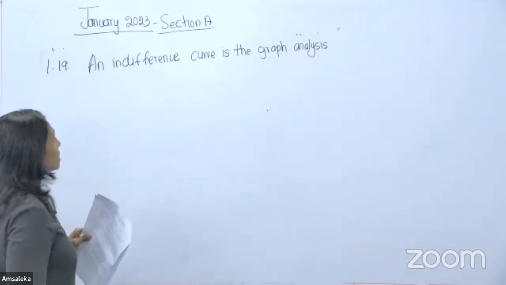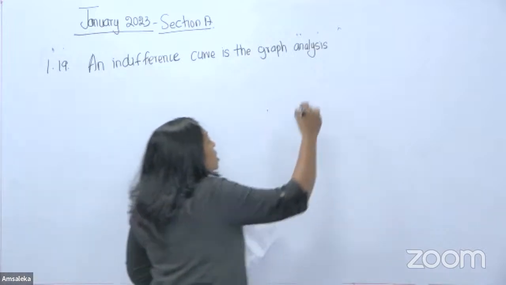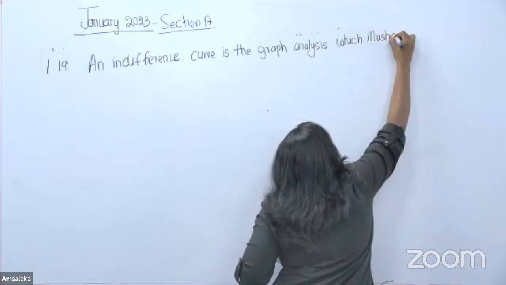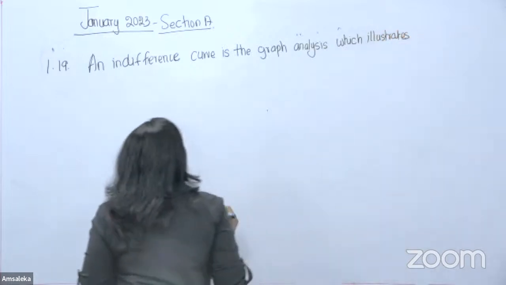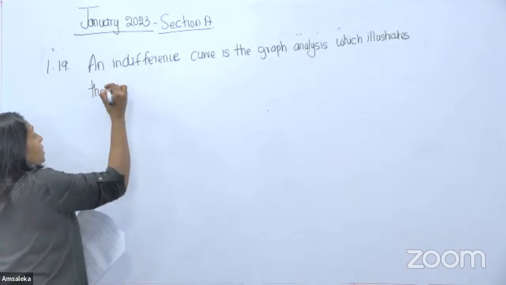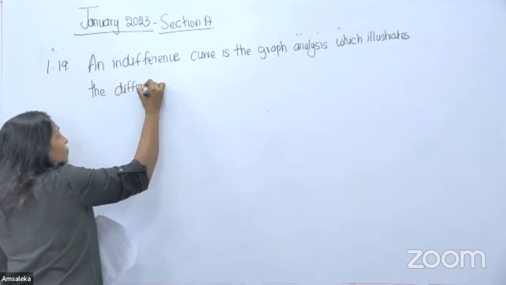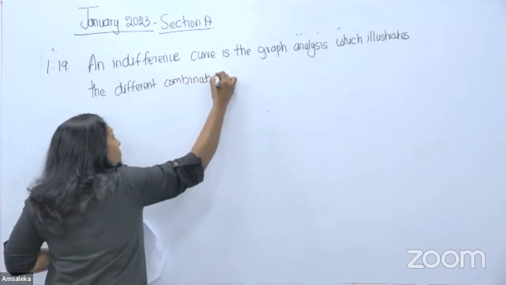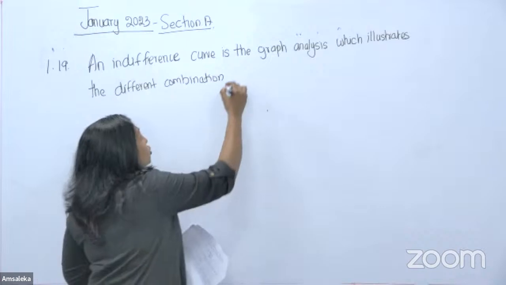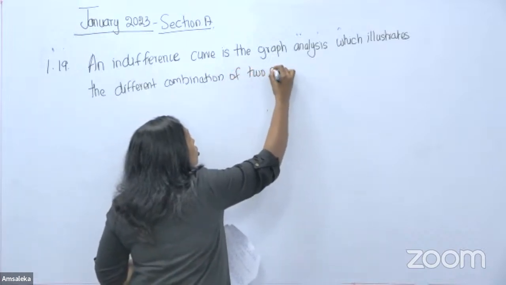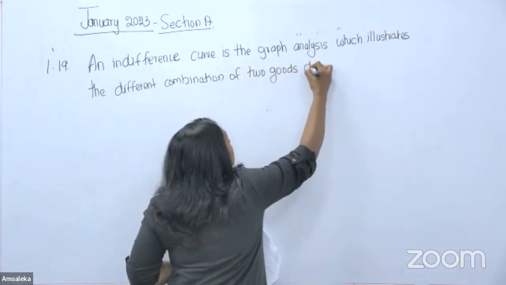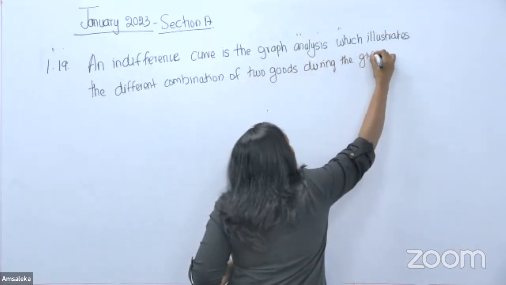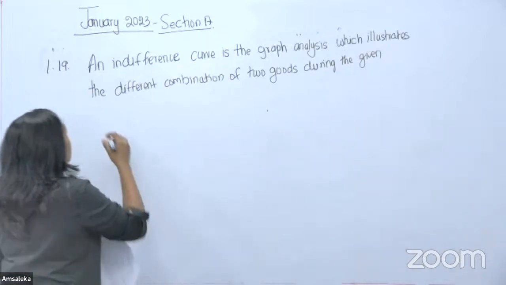An indifference curve is the graph analysis which illustrates the different combinations of two goods during a given period of time.